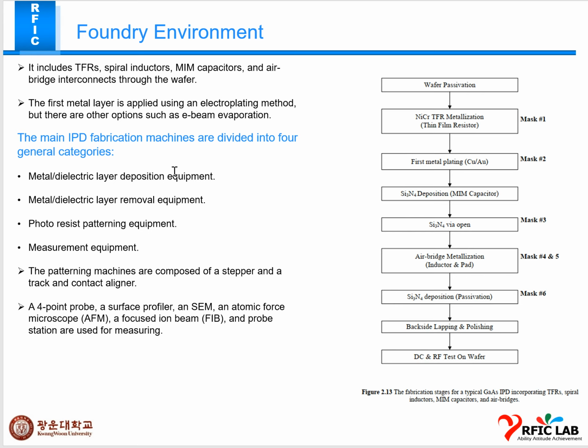The patterning machines are composed of the stepper and the track and contact aligner, and a 4-point probe, surface profiler, SEM, atomic force microscope, focused ion beam, and probe station are used for measuring.